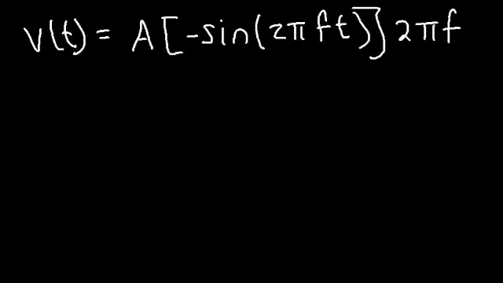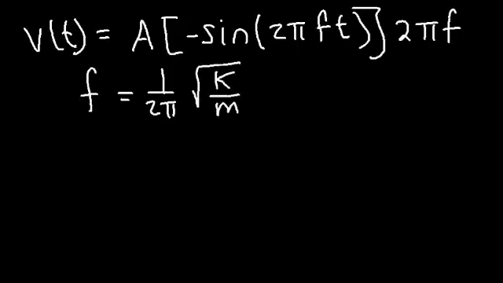So we need to replace a few things at this point. Let's replace f. We know that the frequency is 1 divided by 2 pi times the square root of k divided by m.